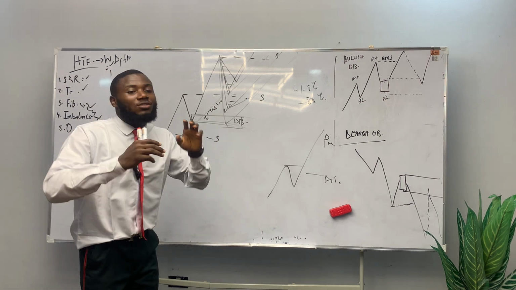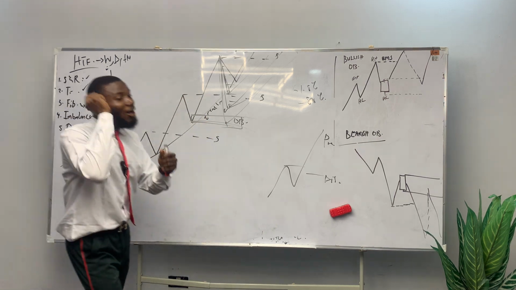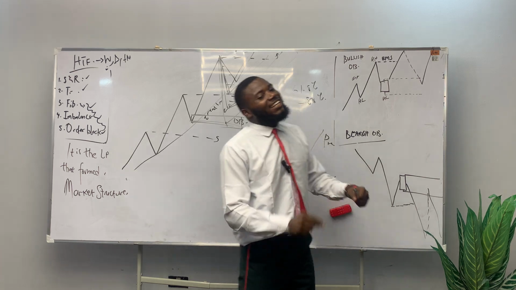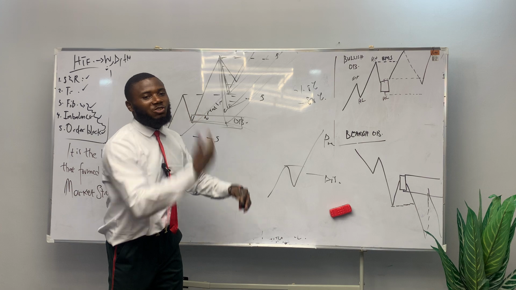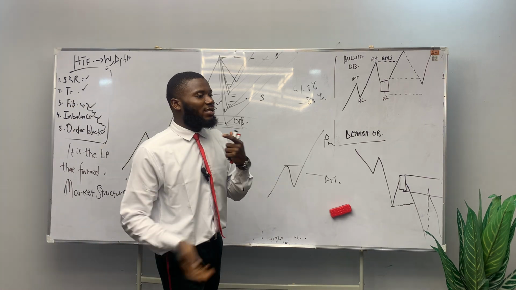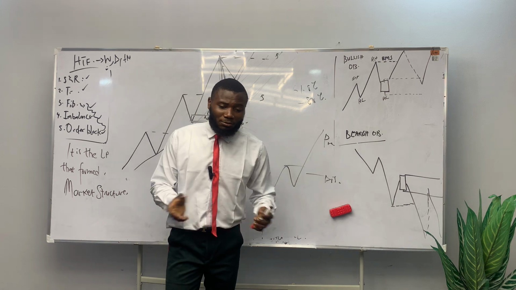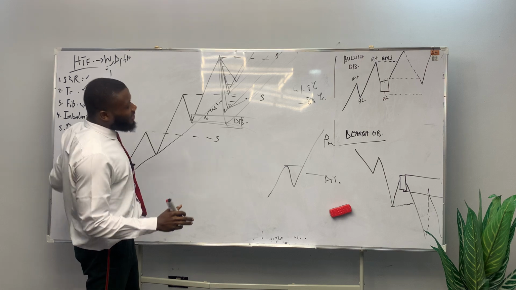Don't buy in a downtrend market. Don't fight against the trend. Just follow it. You will make much more profit than when you fight against it. So that's the end of this strategy.